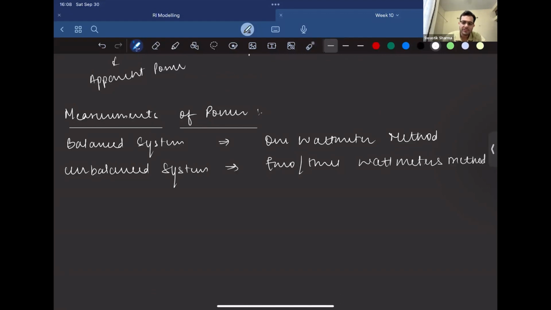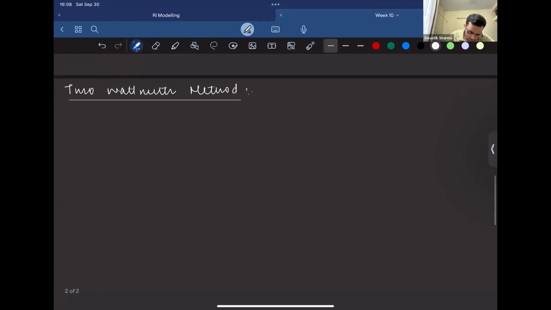And you'll appreciate why I've written that the one wattmeter method can only be applied to a balanced system. So let's say we have a three-phase, three-wire power supply.